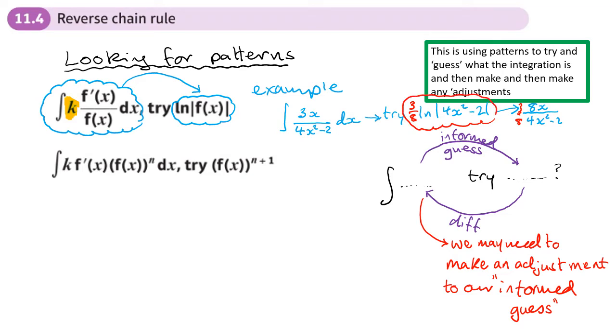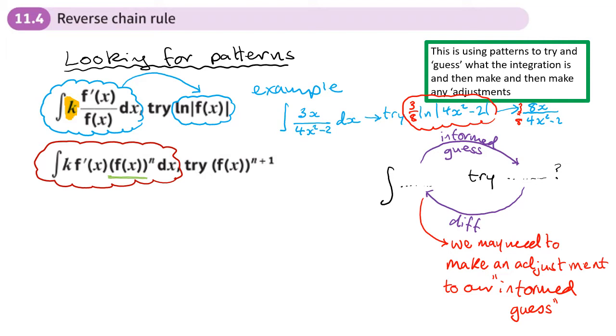So that's pattern number 1: f dash of x over f of x, basically. The second pattern is this. You've got a function to a power, that's this part here, multiplied by that function differentiated again with some value of k.